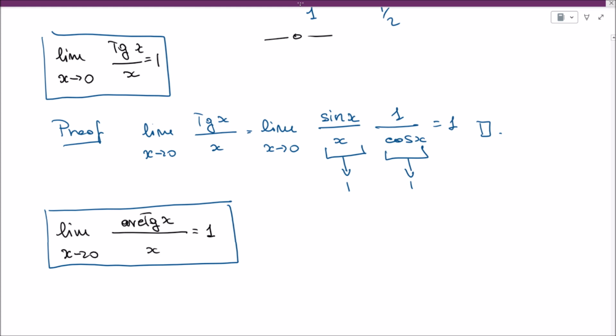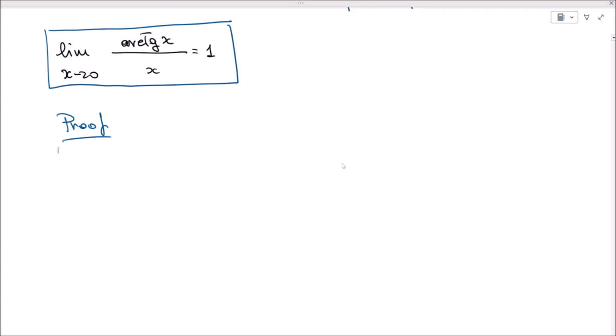Now, for this limit, we can make a change of variable. So let's set y equal to the arc tangent of x, which implies that if we apply the tangent function to both sides of this equation, we get that the tangent of y is equal to the tangent of the arc tangent, which is nothing else than x.